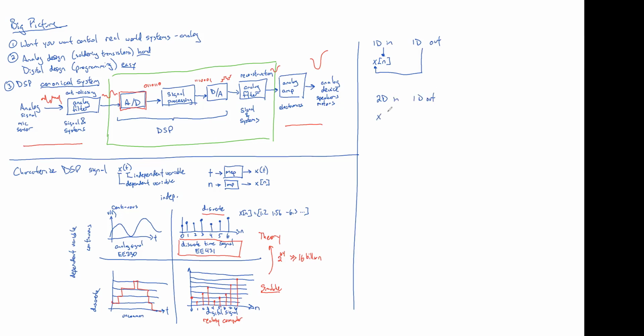Here's an example of that. Here's your one thing out, and we're going to call it N1 and N2 in. This might be an example of a voltage signal, or an example of an image.